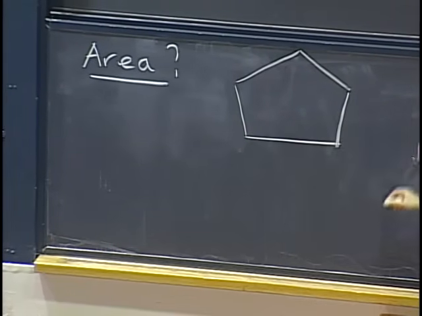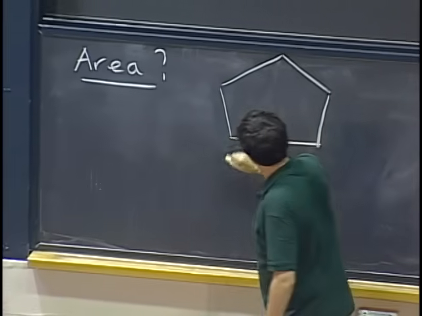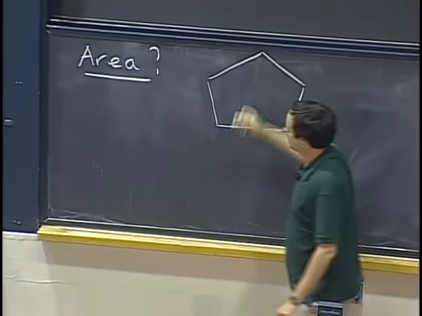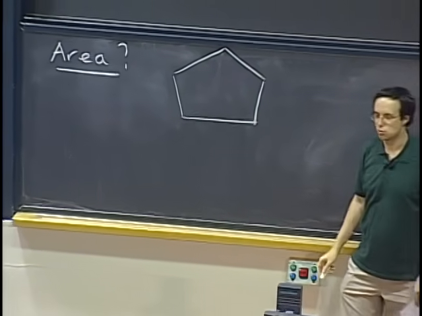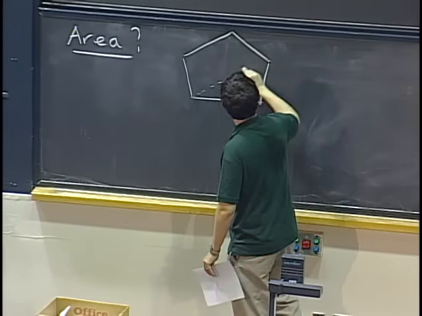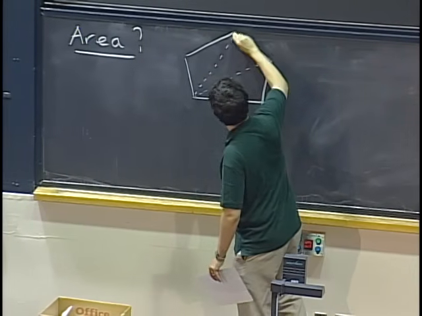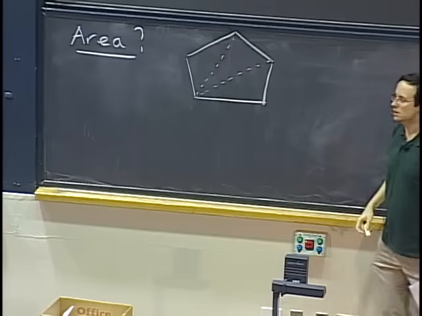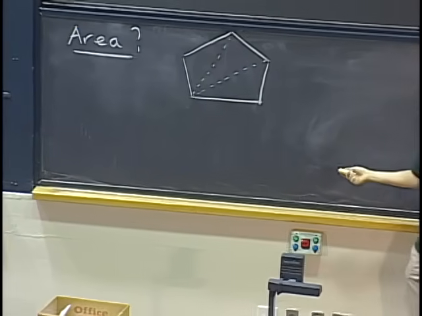So the first thing we should do is probably simplify the problem. We don't actually need to bother with pentagons. All we need to know are triangles. Because, for example, you can cut that into 3 triangles and then sum the areas of the triangles.